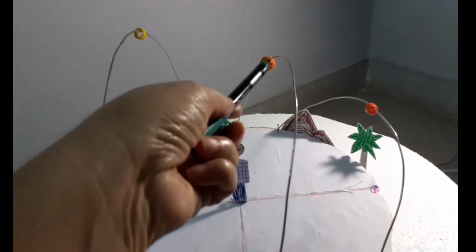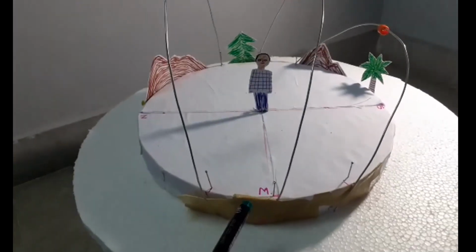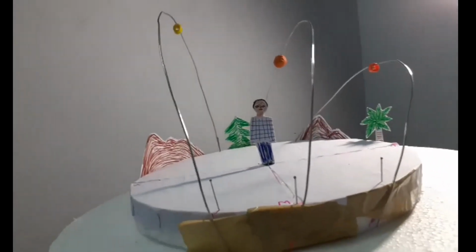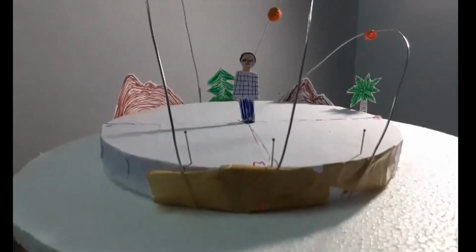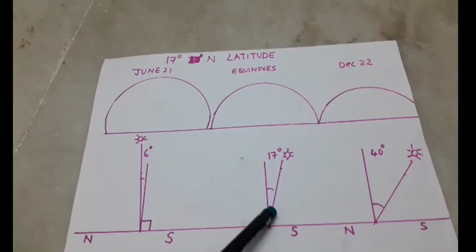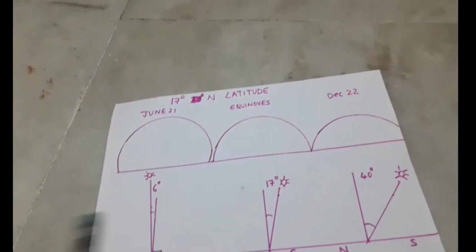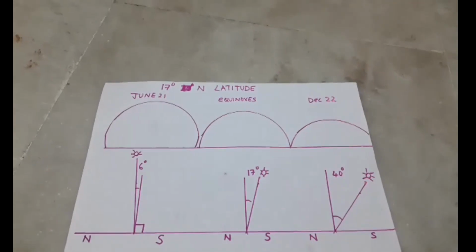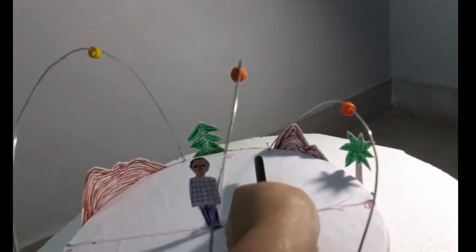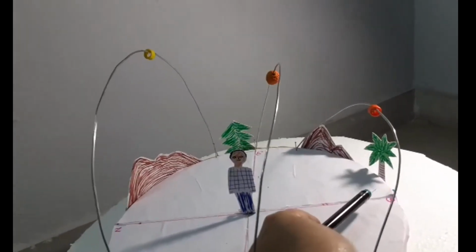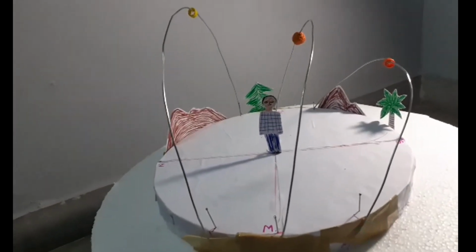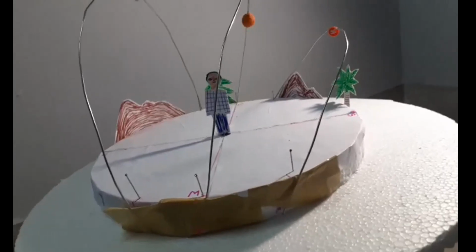On the equinox days, both the autumn and spring equinox days, the sun makes an angle of 17 degrees to the vertical. So it is close to being overhead, but not exactly overhead. And on winter solstice, it makes an angle of 40 degrees. So it is closer to the horizon.